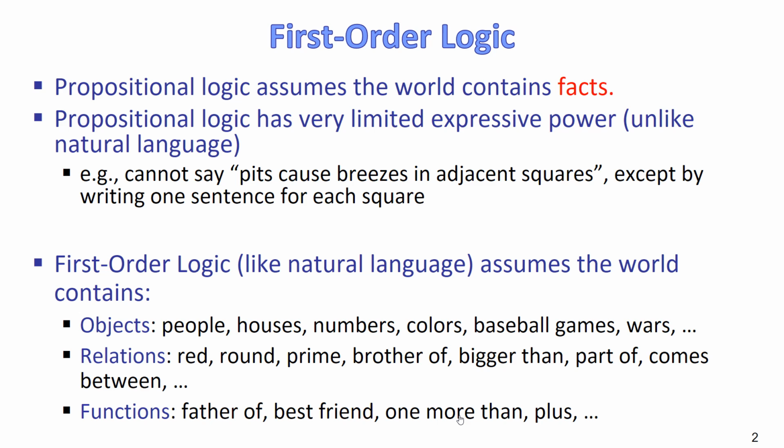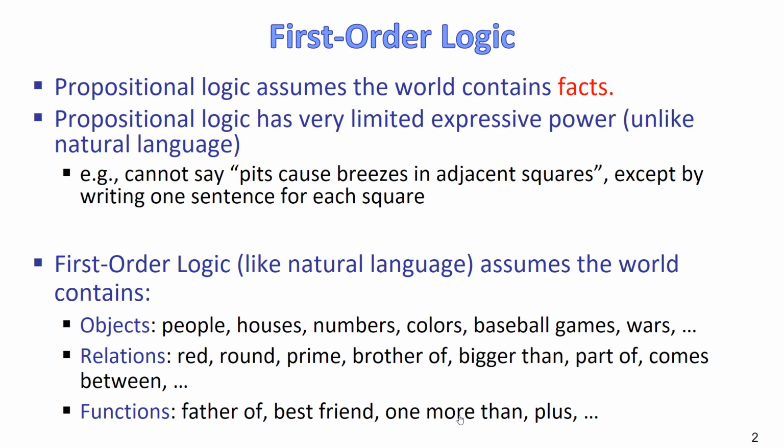So father of Ahmed is Ibrahim. I can look at it as a relation between Ahmed and Ibrahim, but it's a special case because it takes one or more objects and refers back to one unique object. Best friend, one more than, plus, all of these are functions, because for a given combination of input objects they return one unique object.